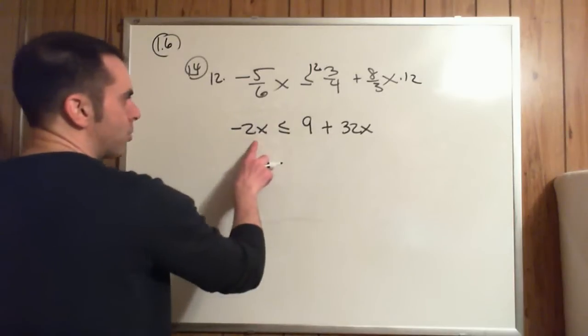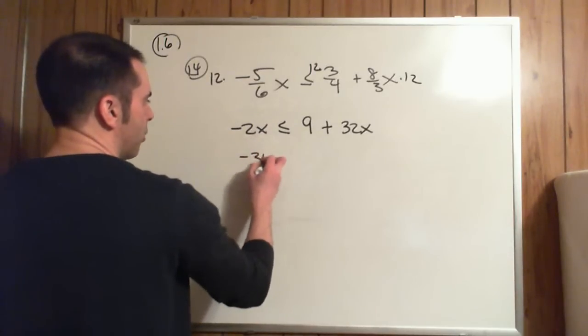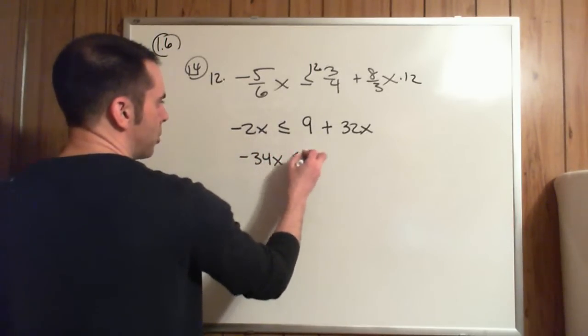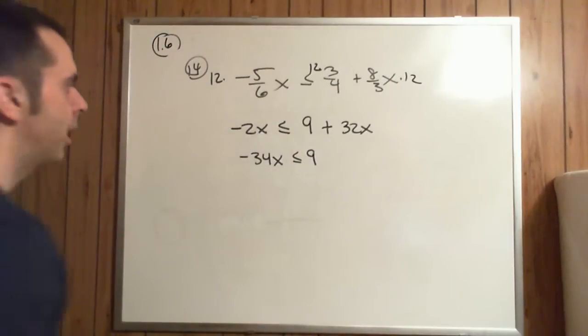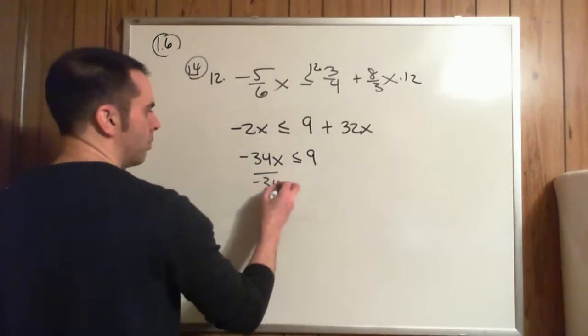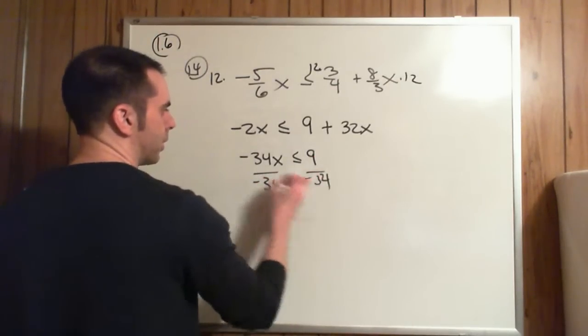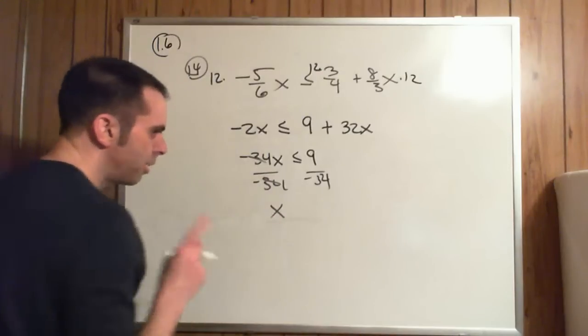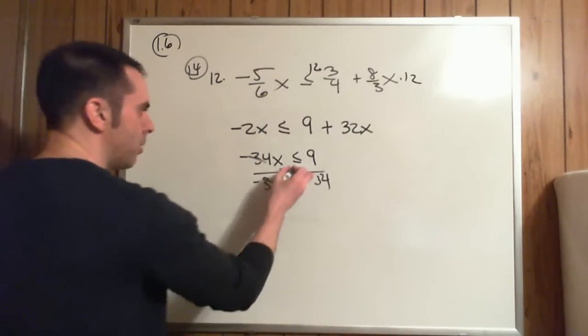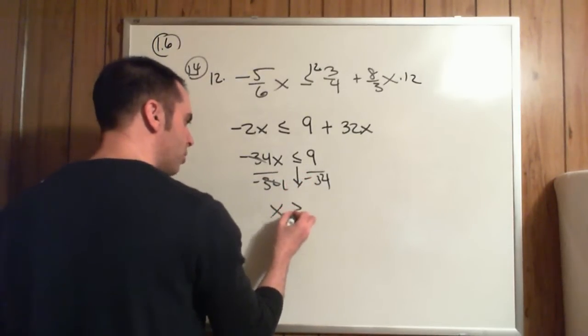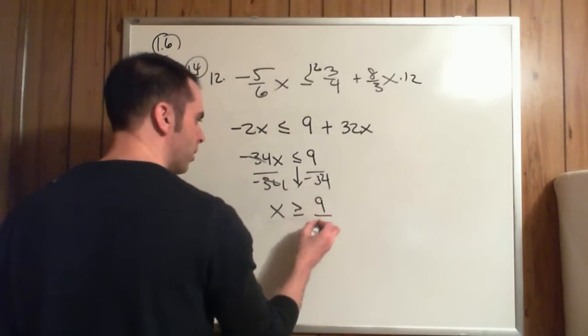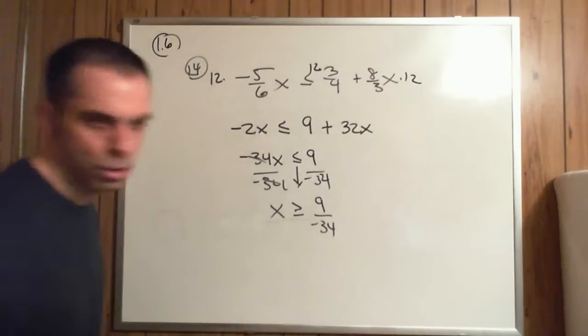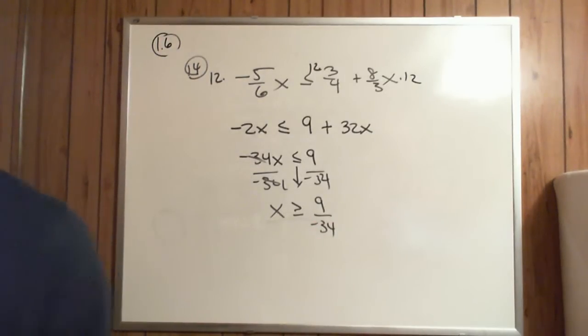Subtract 32x from both sides and get negative 42x is less than or equal to 9. Divide by negative 42 on both sides. Now, because I divided by a negative, I have to reverse it from less than or equal to, to greater than or equal to. And x would be greater than or equal to negative 9 over 42.